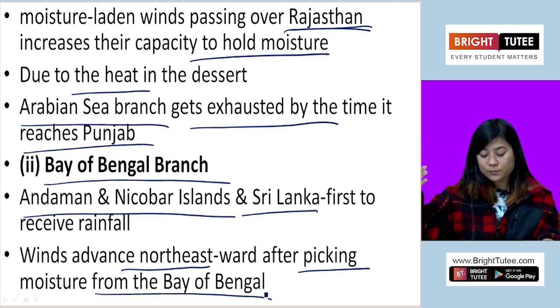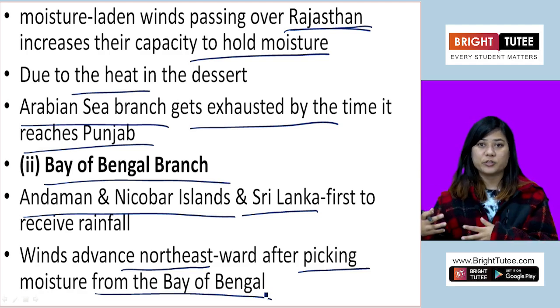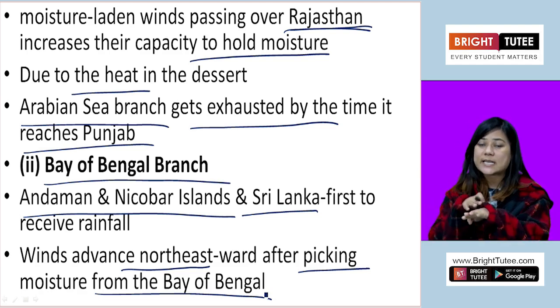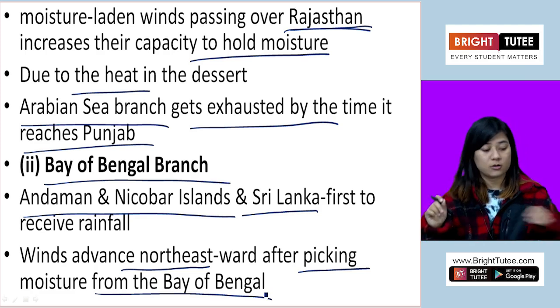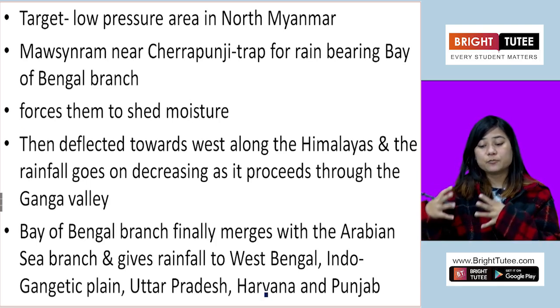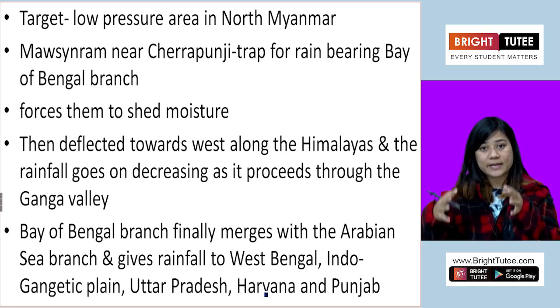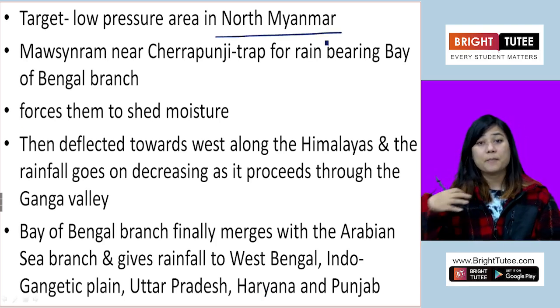As it moves northeast, it picks up another batch of moisture from the Bay of Bengal, because it is blowing across that water body. Now this moisture laden wind targets a place where it is attracted, and that is northern Myanmar.